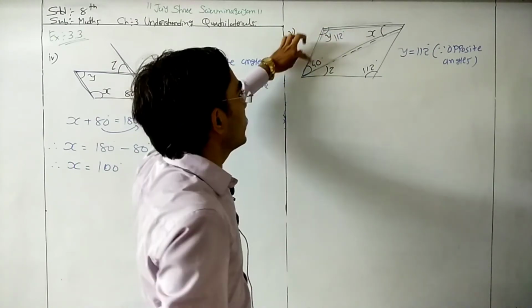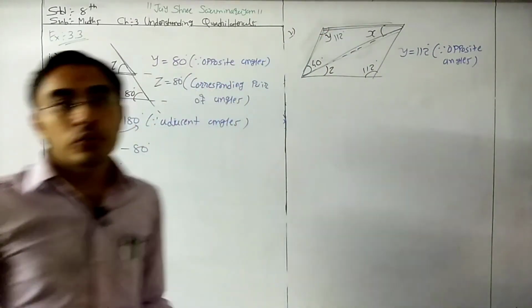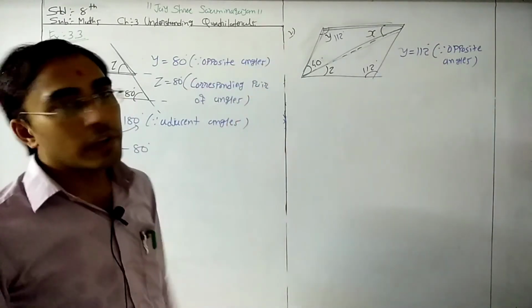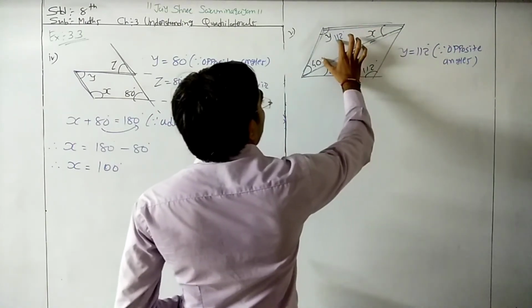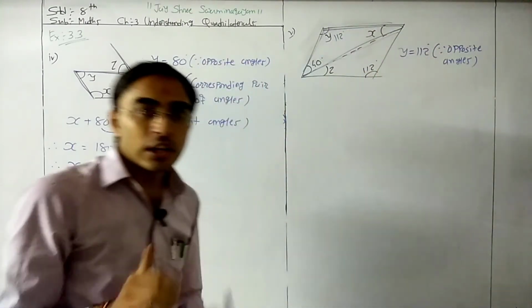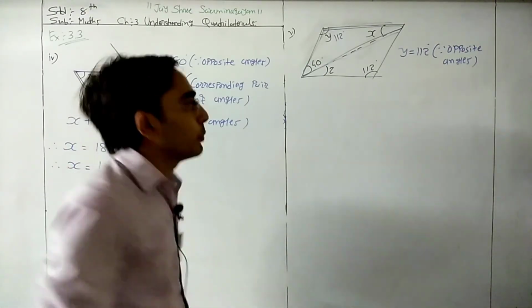First one is 112 and here 40. And one unknown angle is there. So by using the angle sum property, we can find it, right? If we use this triangle, then two angles we know, only one angle is unknown. So that we can find by using the angle sum property.